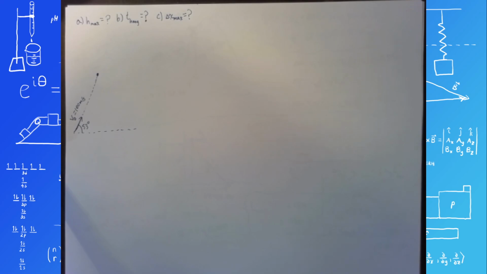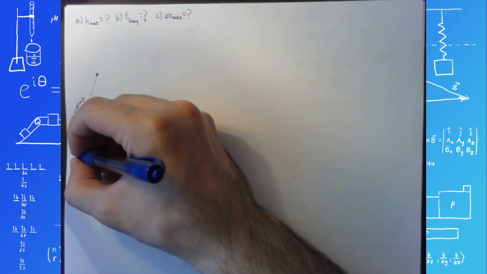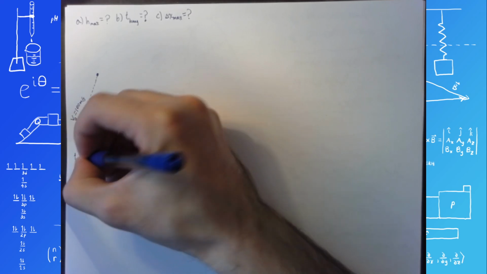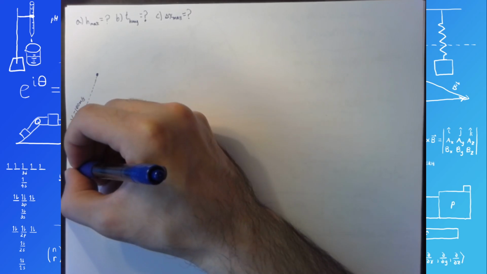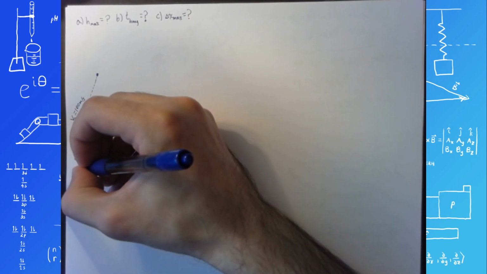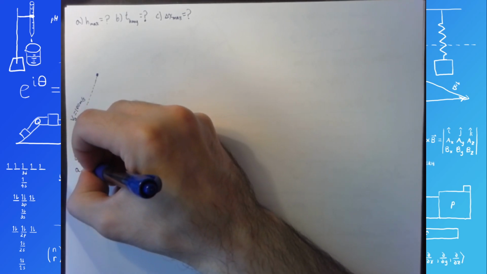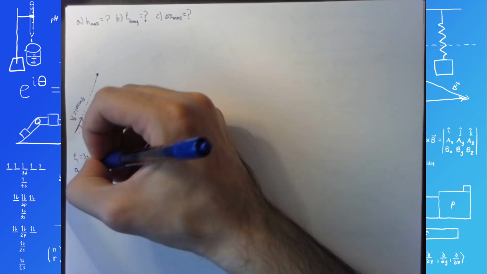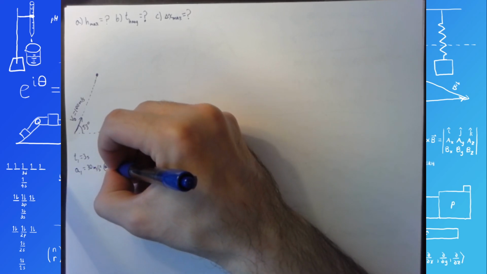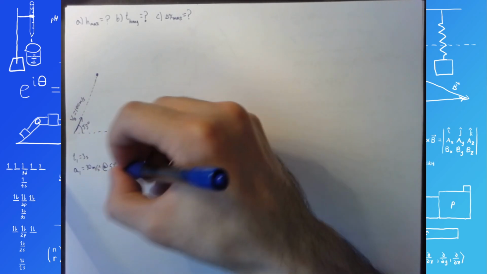With an acceleration of 30 meters per second squared. So I'm going to list T1 equals 3 seconds, and acceleration for part 1 is equal to 30 meters per second squared at 53 degrees above horizontal.